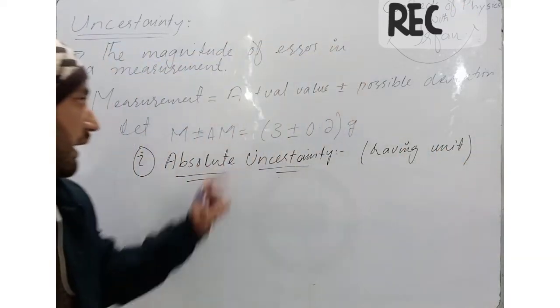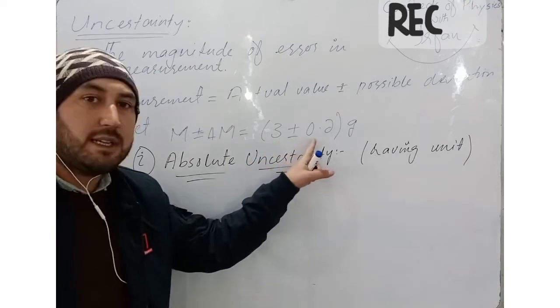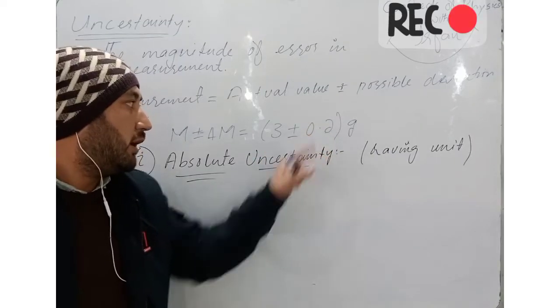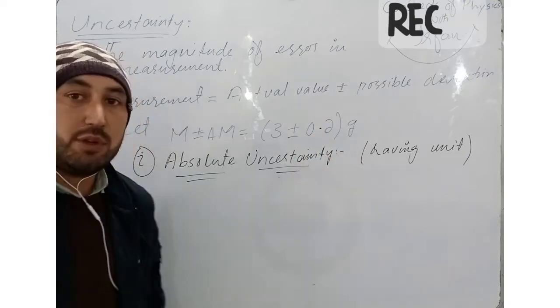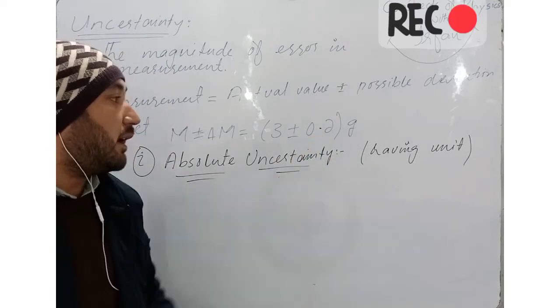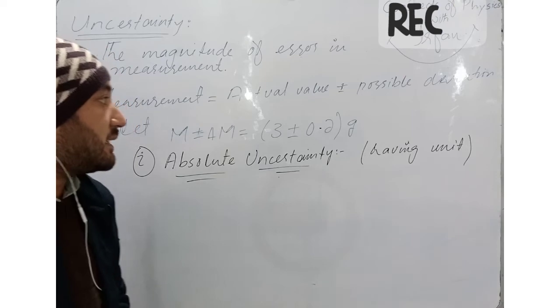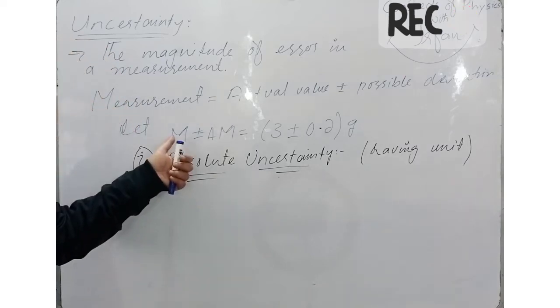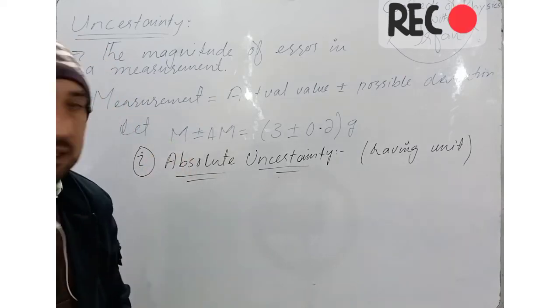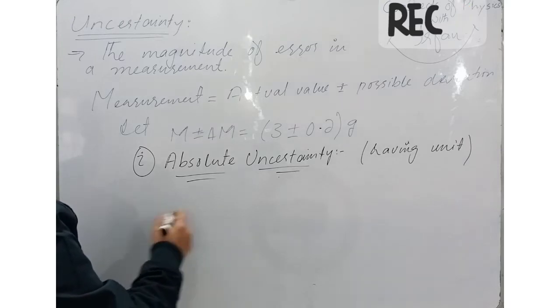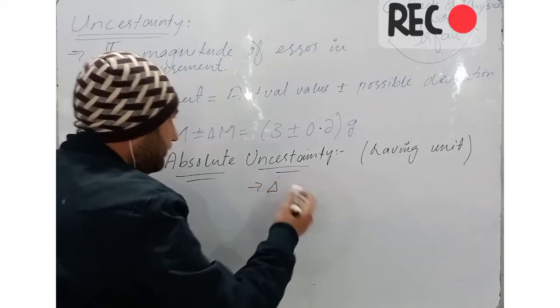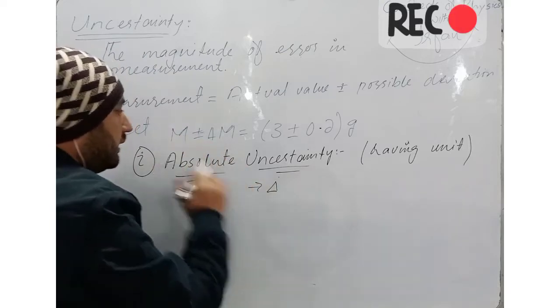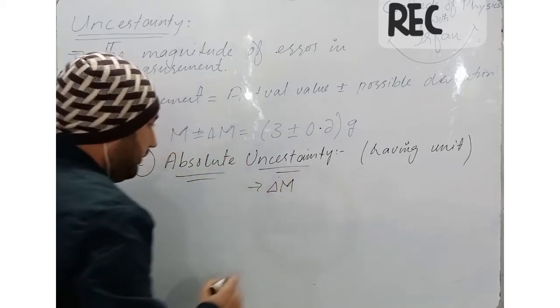So in the above case, 3 plus or minus 0.2 gram. Here this 0.2 is the possible uncertainty, and it is absolute uncertainty because it has the same unit as our measured physical quantity. It is represented with delta, in the previous example, delta m.